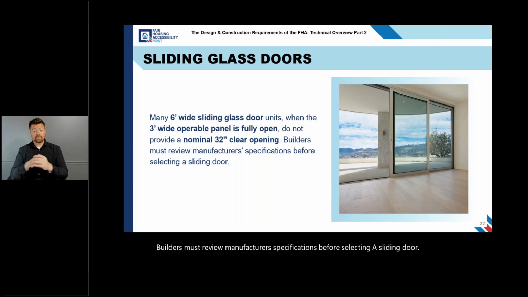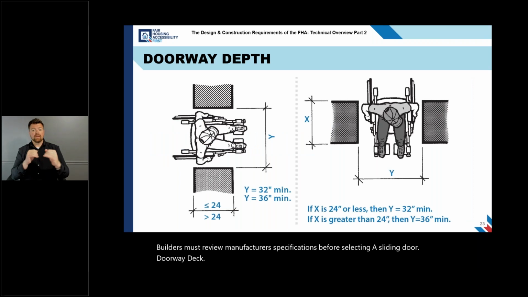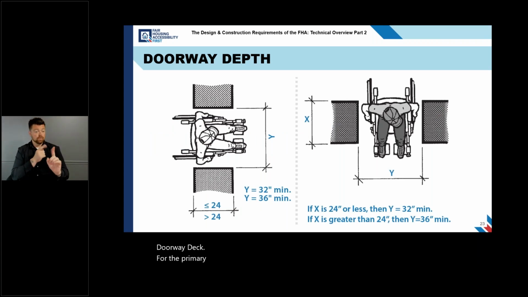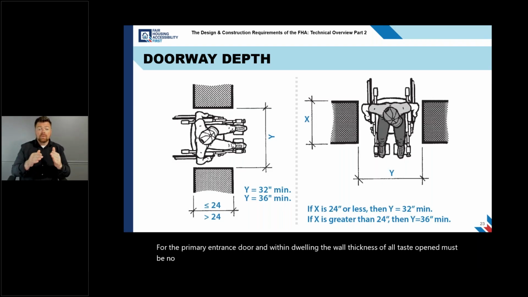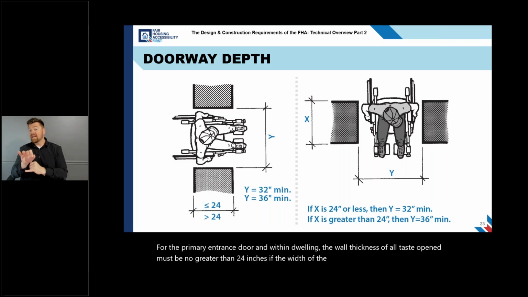Doorway depth. For the primary entrance door and within dwelling unit, the wall thickness of all cased openings must be no greater than 24 inches if the width of the doorway or passage is a minimum of 32 inches.